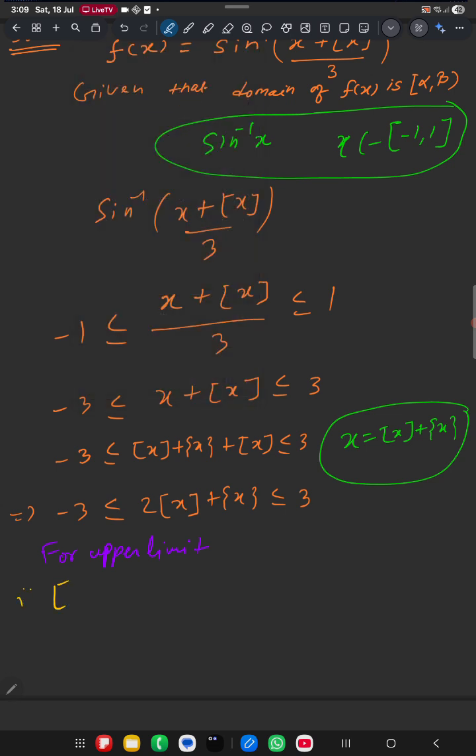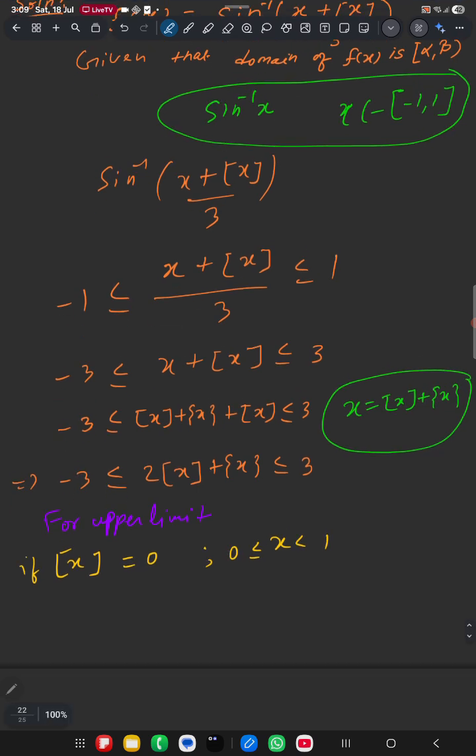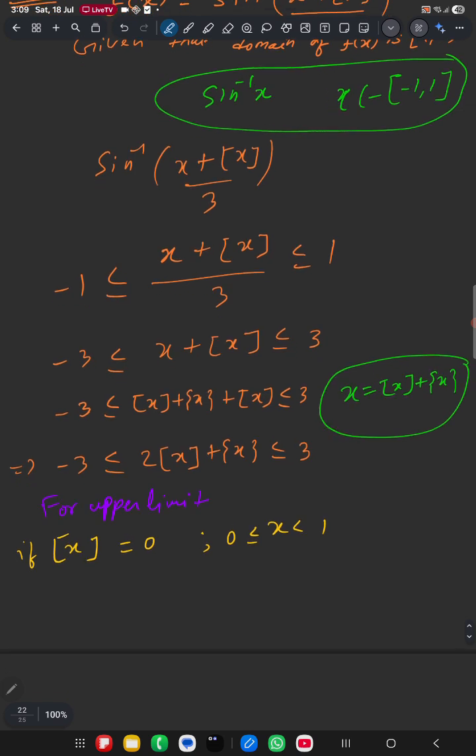If the greatest integer value of x is 0, then x will be greater than or equal to 0 and less than 1, and only then the greatest integer value of x will be 0.